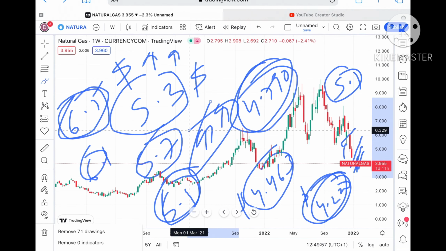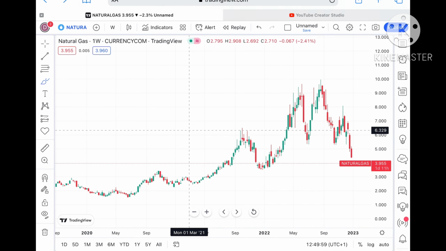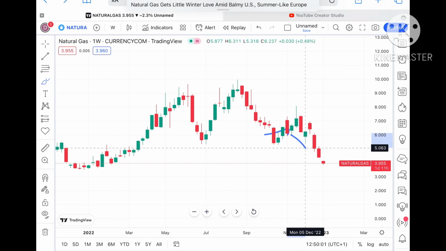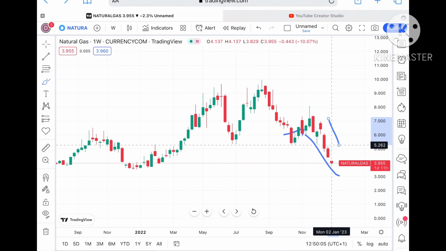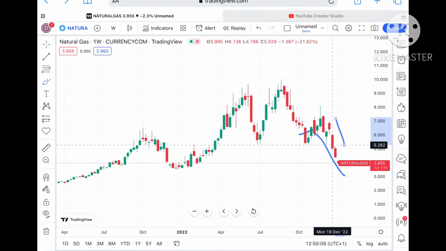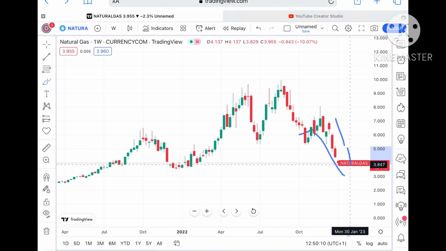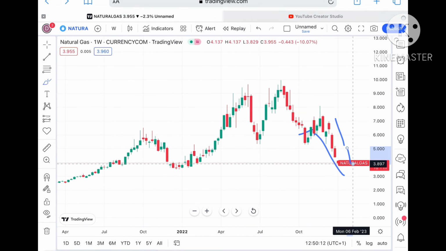Now, as you can see, there is a continuous downfall in the price of natural gas. So if this level doesn't sustain, which has higher chances, and it goes below a level of $3.8, it can go further low.